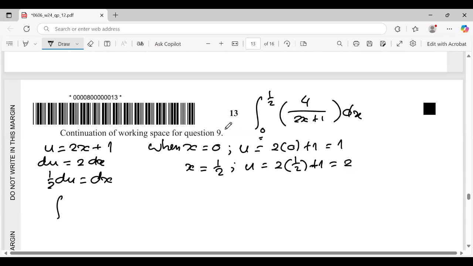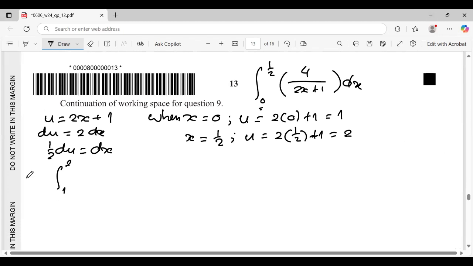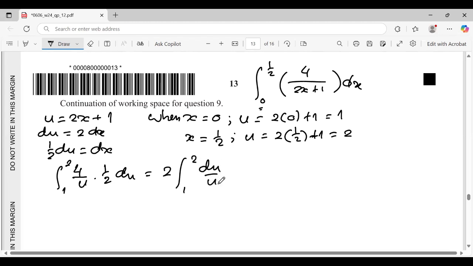So the integral from 0 to 1 half becomes the integral from 1 to 2 of 4 over u times 1 half du. 4 divided by 2 equals 2, so it's 2 times the integral from 1 to 2 of du over u.